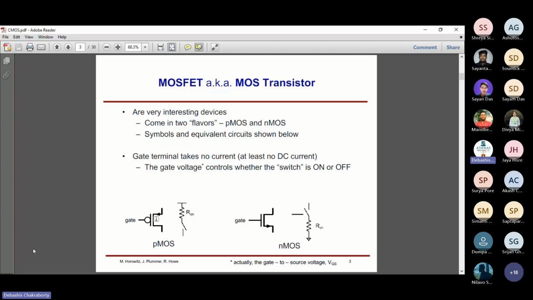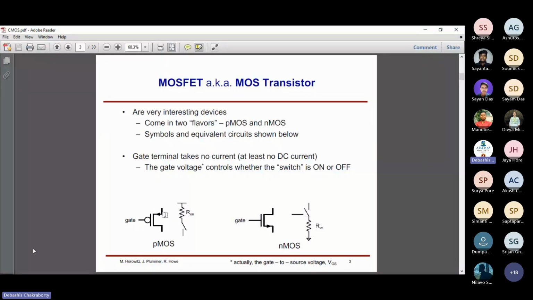There is a gate terminal with a bubble. The terminal with an arrow is the drain terminal, and the bottommost channel electrode is the source terminal.